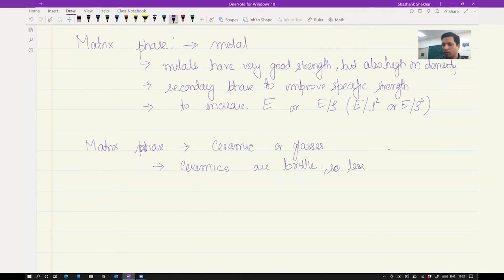So less common. But still in some places you may find use of ceramic matrix, and that would be because they are very good insulators and also very chemically inert.